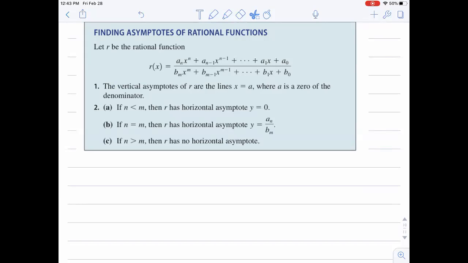If n is greater than m, meaning the degree in the top is larger than the degree in the bottom, which is pretty common, then R has no horizontal asymptote. It might have a vertical asymptote, but it might look a little bit weird.